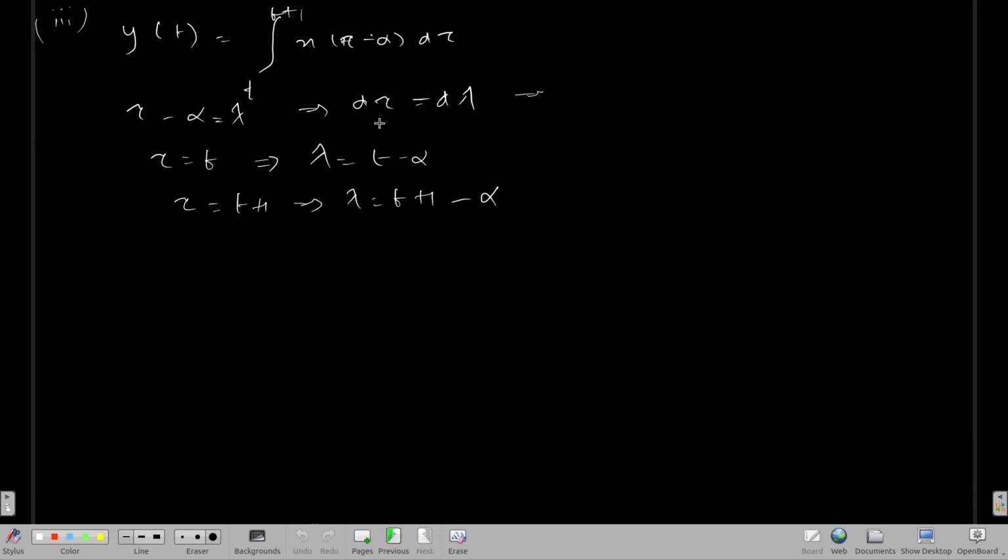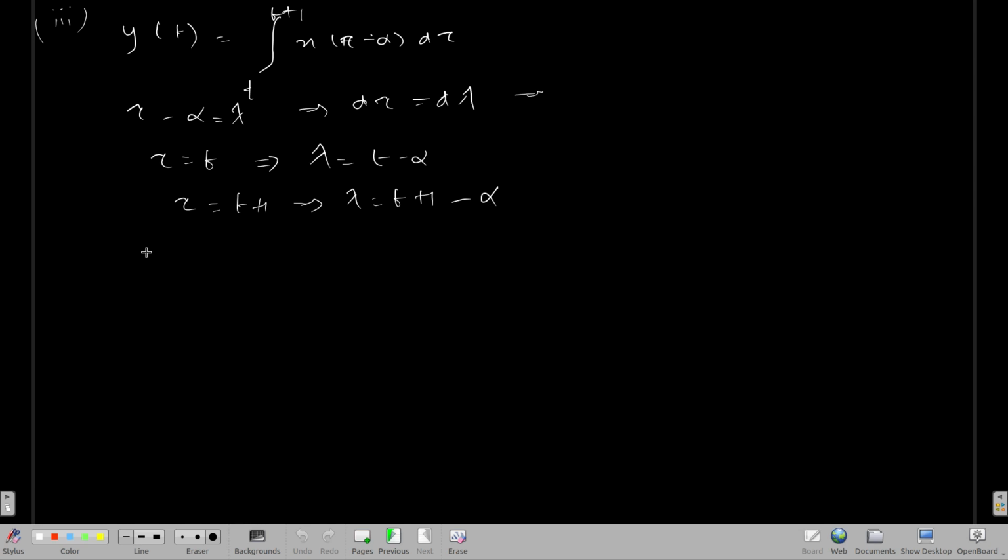But here we are not giving any additional shift. We are taking into consideration the current shift itself, and then we are converting it into a new variable.